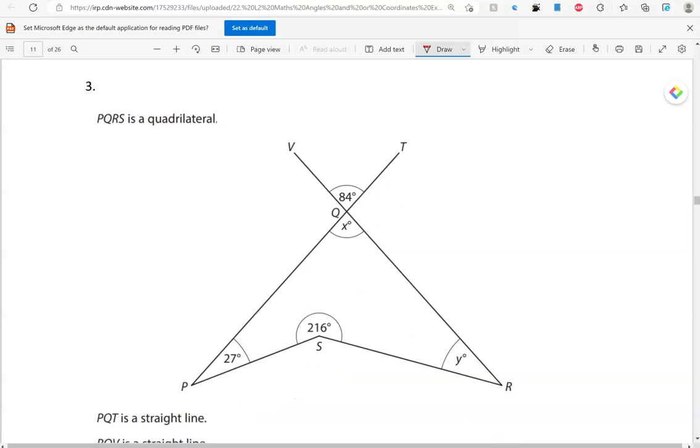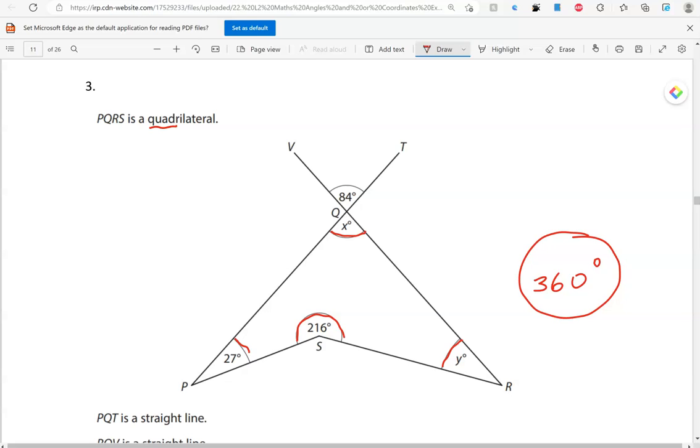PQRS is a quadrilateral. Quadrilateral means it has 4 sides. You've probably come across quad, which means 4. Angles inside a quadrilateral add up to 360 degrees. It's like a full circle. If you put all these angles next to each other, they will form a circle.